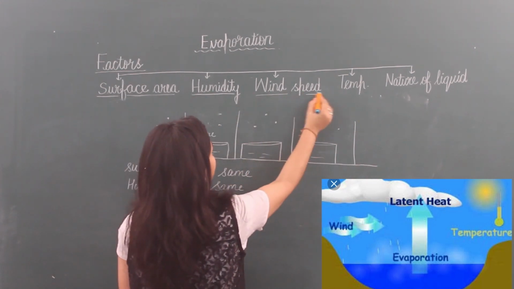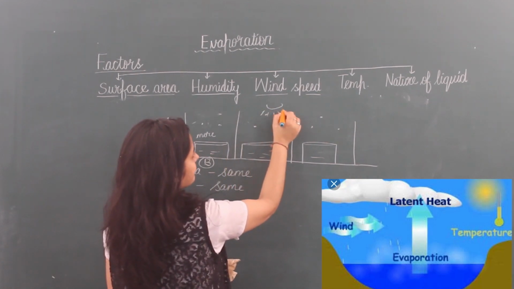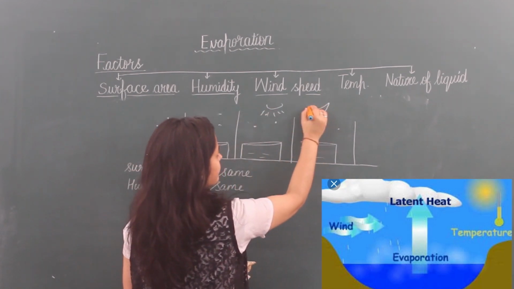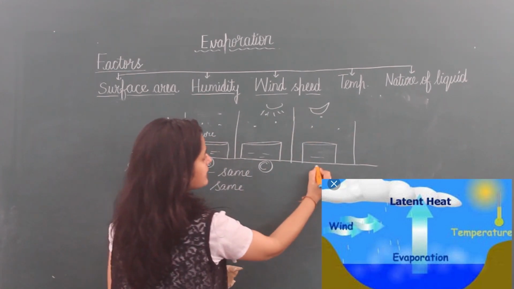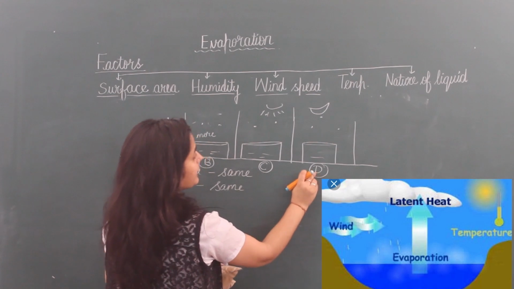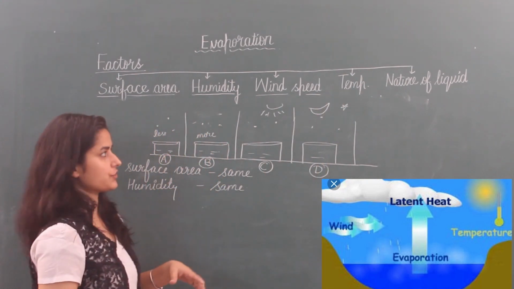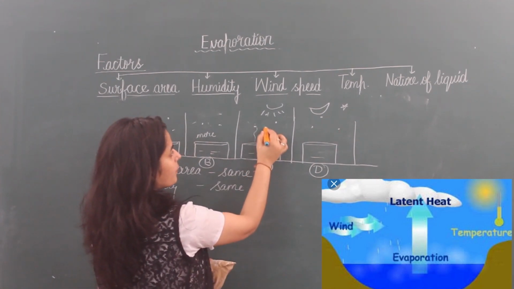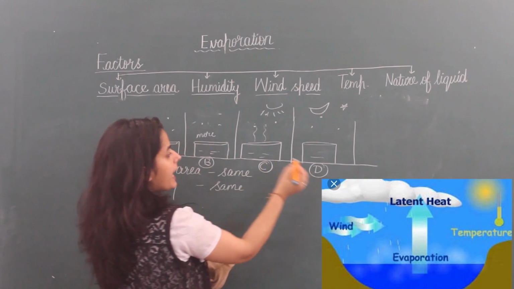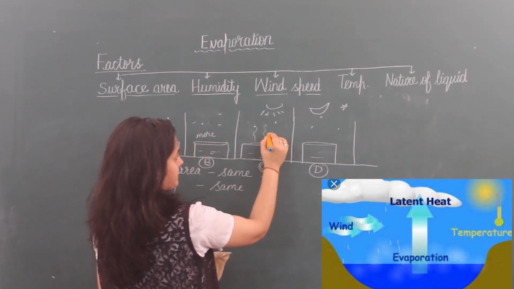Next factor, temperature. In container C, sunlight is there. In container D, night time, moon is there. So less temperature. Then what will happen? In container C, more evaporation will be there, and in container D, evaporation will be less.